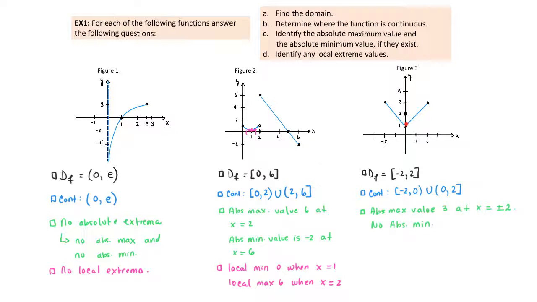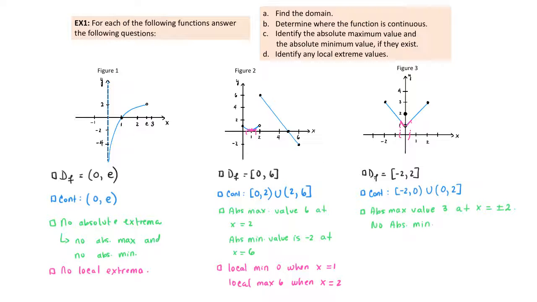I have a place here where my function is not differentiable. The derivative doesn't exist. So if I consider a small interval around it, let's say here and here, going up to my graph in this way, then within this small interval here, 2 happens to be the highest y value.